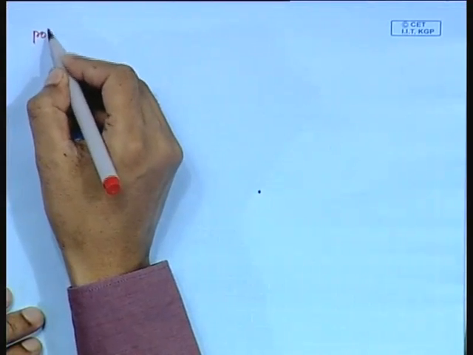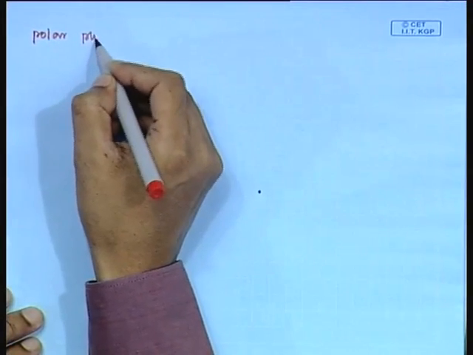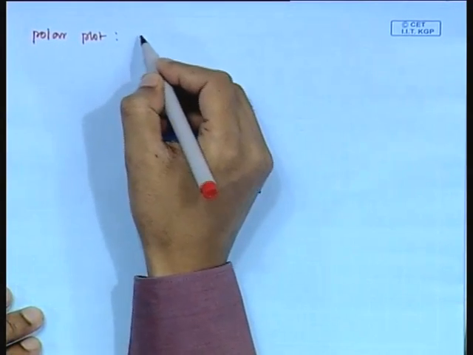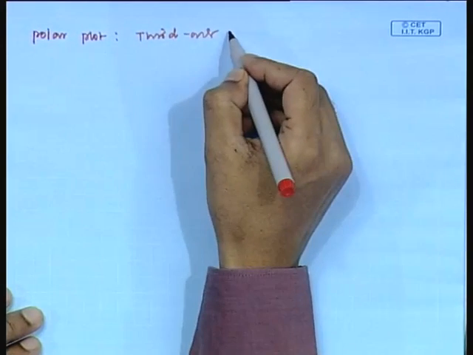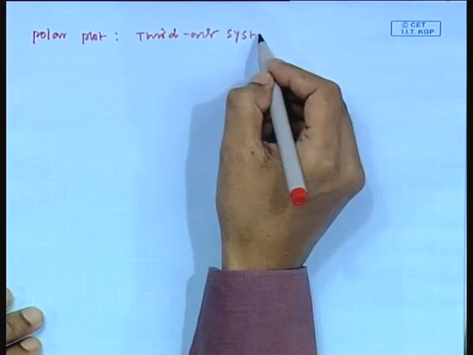Next, we will consider the third order system, the construction of polar plot for a third order system.